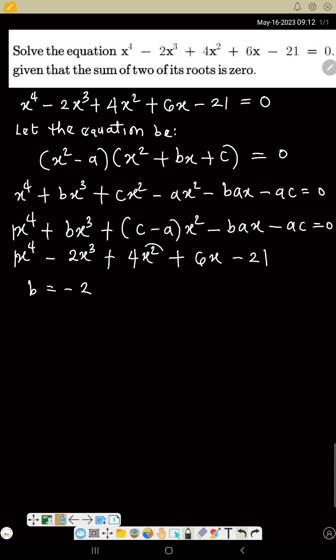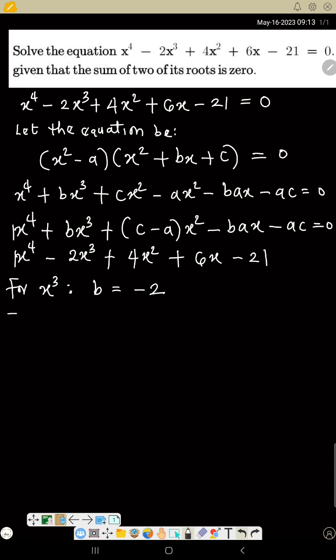So again, let me write it out one by one. For s raised to power 3, we have b is equal to minus 2. That is, this s cube, if it cancels out, then b is equal to minus 2.